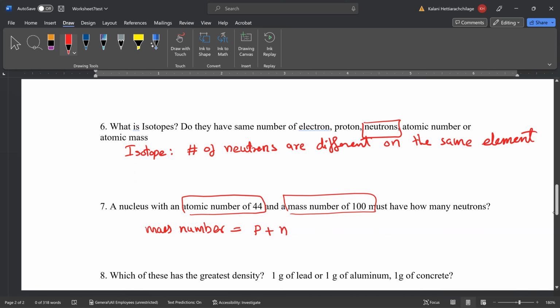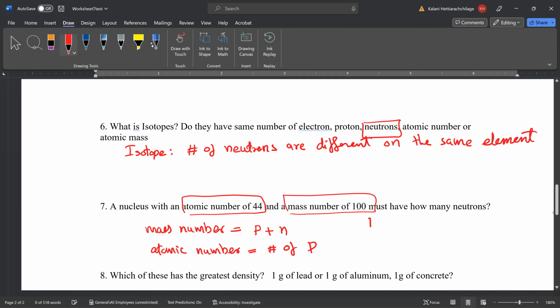You can say number of protons plus number of neutrons, or number of electrons plus number of neutrons, is the same thing. So atomic number equals number of protons, right? As we know.